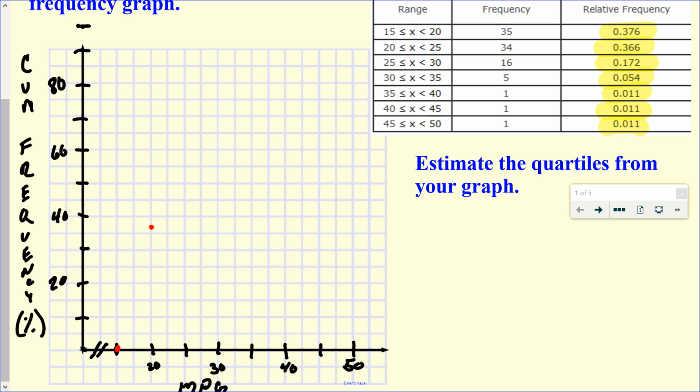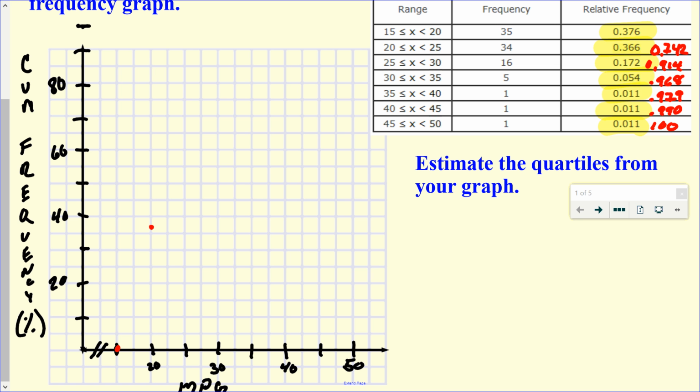So this one's going to be 0.742 plus 0.172 is 0.914 plus 0.4 plus 0.968 and 0.979 and 0.990 and then 100%.